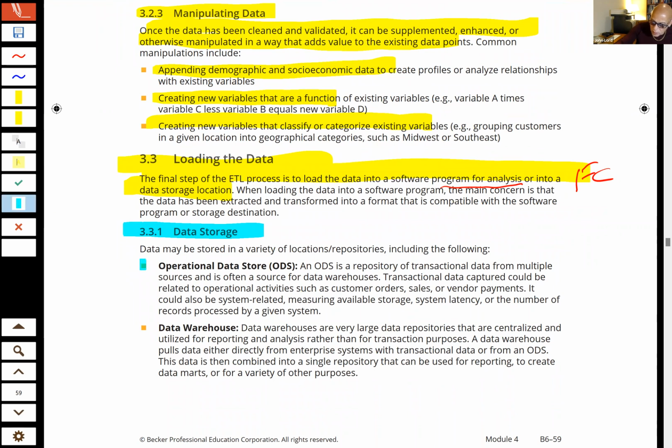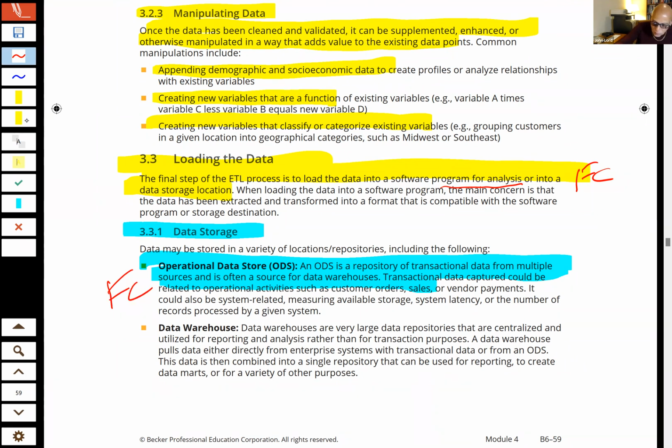You can have operational data storage, which is a repository of transactional data from multiple sources that is often a source for a data warehouse. Transactional data captures could be related to operational activities such as customer orders, sales, etc. Okay. You can also have a data warehouse.